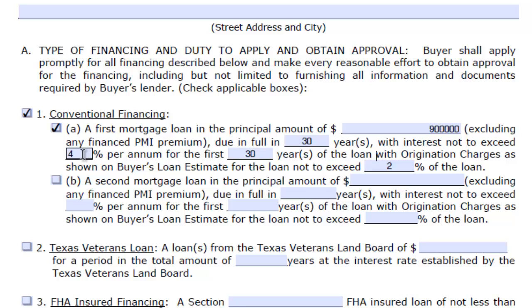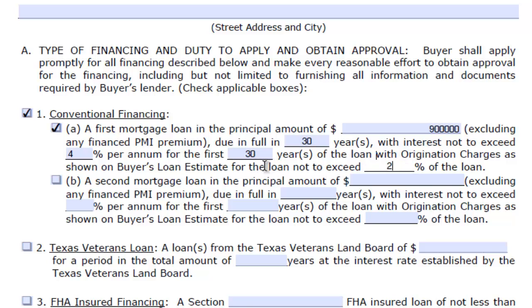One word I want to give you on this blank and this blank is you don't have to put the actual interest rate they're being qualified for. You just want to give it a ceiling. You want to make sure that if the interest rate goes above a certain amount, then they have the ability to get out of the contract. They have some protection there. Same thing for the origination charges.